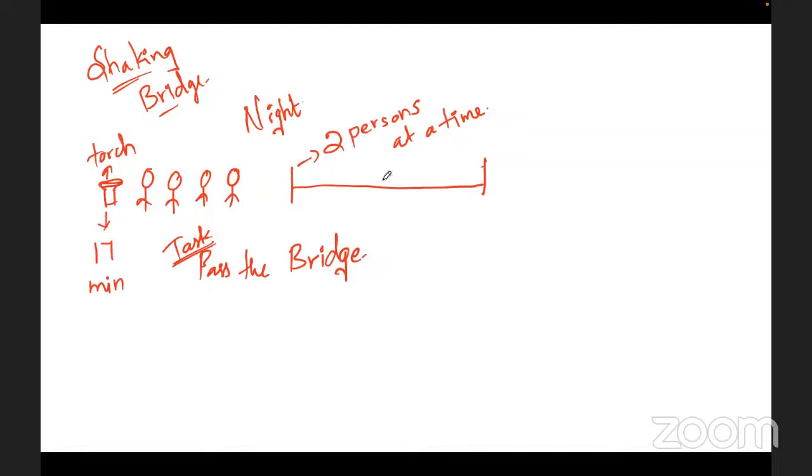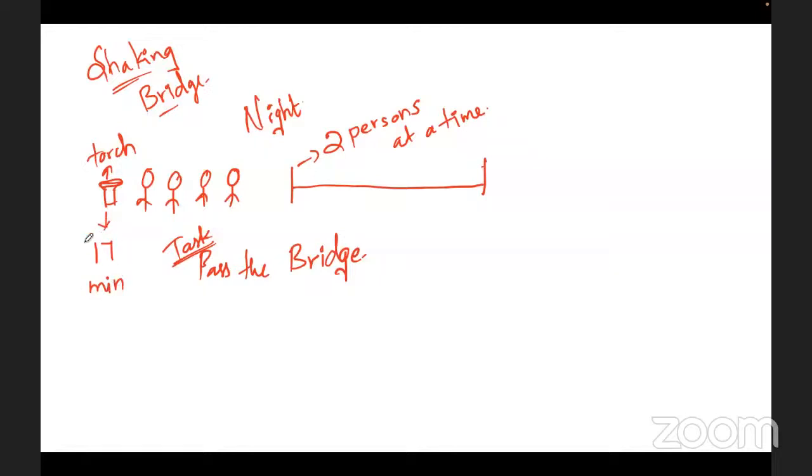Now in the torch, I have 17 minutes of battery life. This bridge can pass only 2 people at a time, or else the bridge will break. You have only 17 minutes because the torch only has 17 minutes of battery, right?